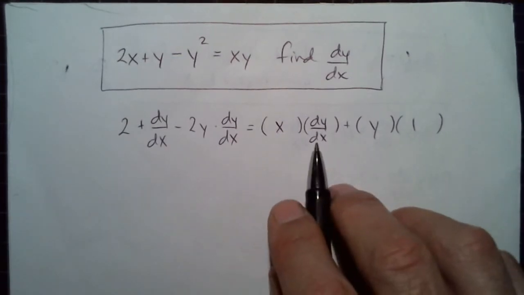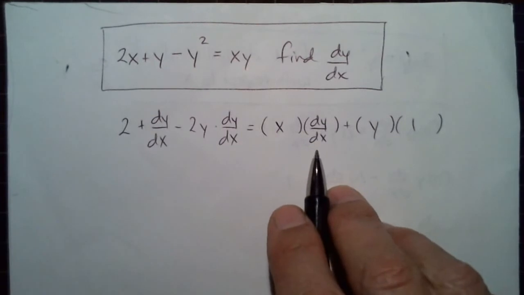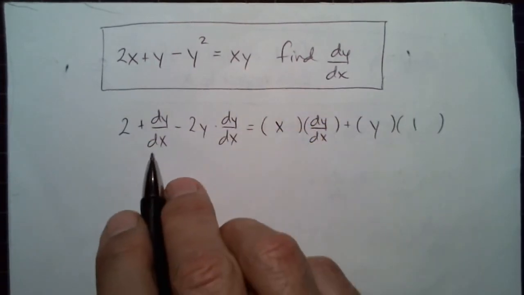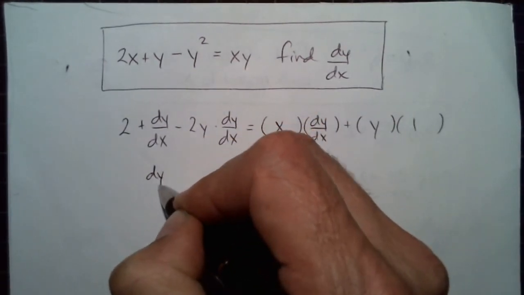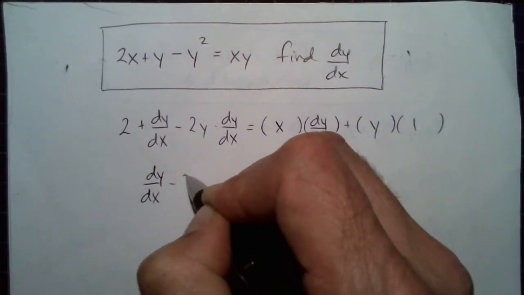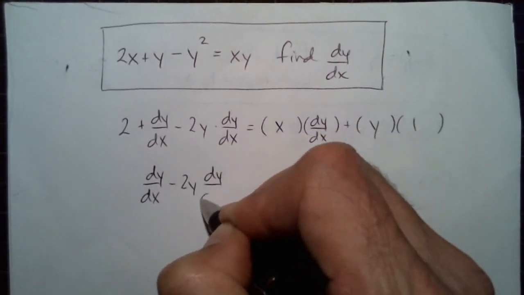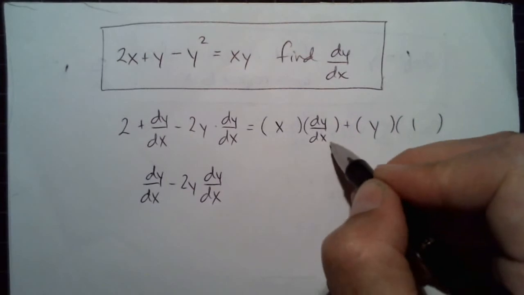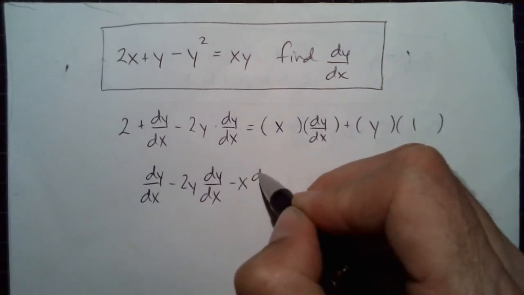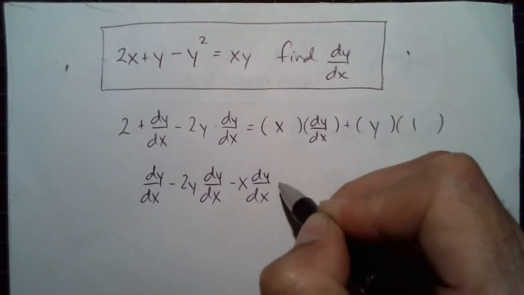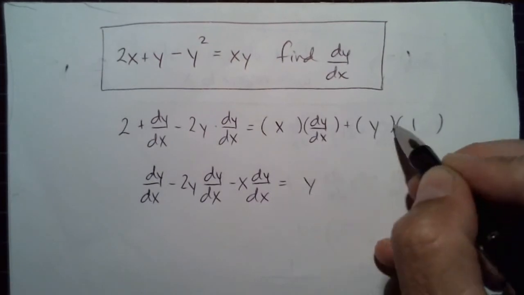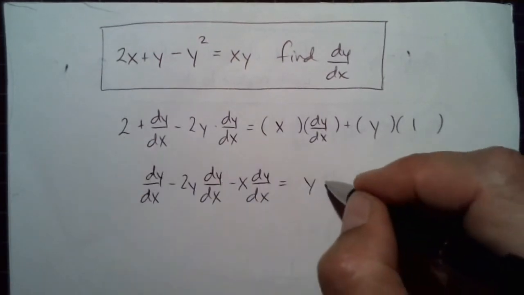And we need all the dy dx's on one side. So here's a dy dx minus 2y dy dx. Let's subtract this. We have a y from there and then minus 2 from there.